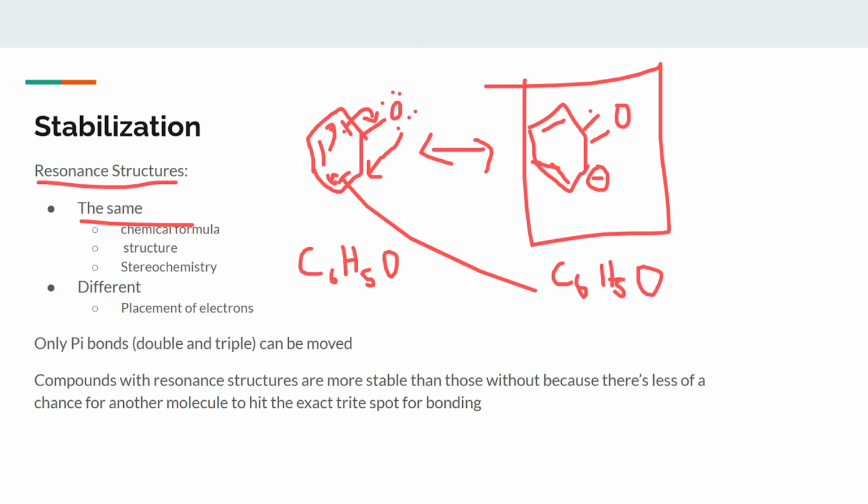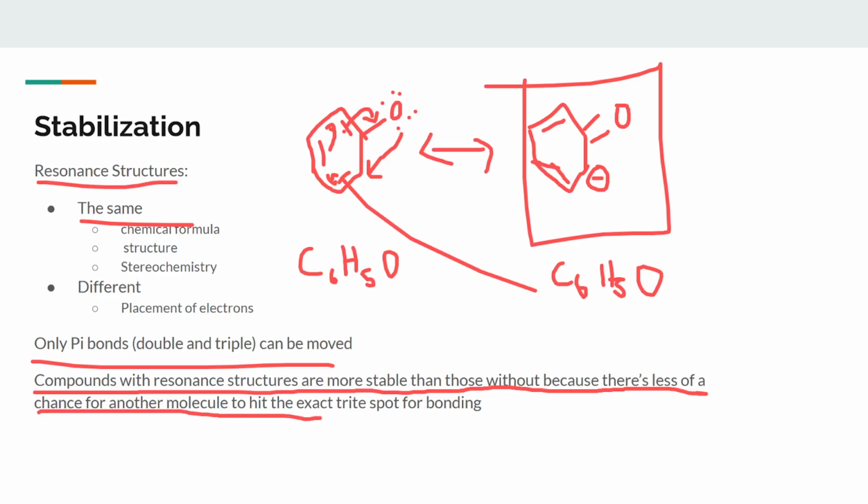Nothing changed, it's all the same, but now we have a different configuration of electrons. We can only move pi bonds, and compounds with resonance structures are more stable than those without because there's less of a chance for another molecule to hit the exact right spot for bonding. So I'm just going to make up a hypothetical here.